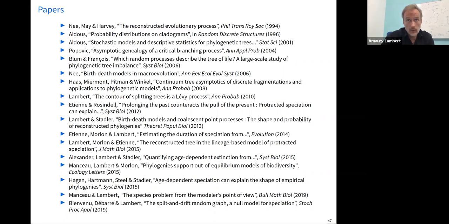Of course you might assume that a heritable trait acts at the species selection level, meaning that, for example, species which have a smaller body mass speciate more than others, then of course you will produce a more imbalanced tree. Yeah, sure. So species selection can be an explanation for imbalance.